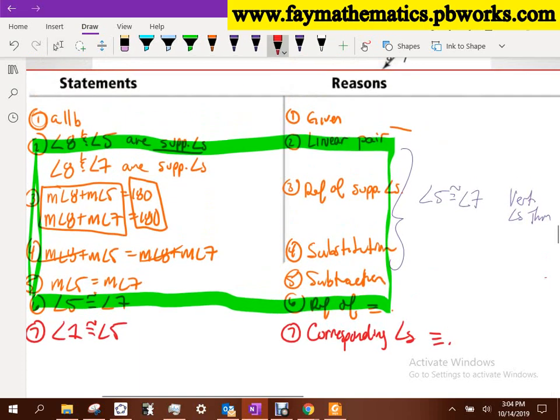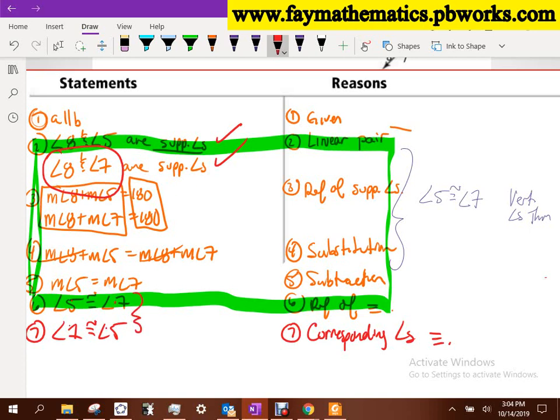So now, let's do this. Because I've already said some things up here that are useful. We remember our overall goal is to get 8 and 1 to be supplementary. Right here it says 8 and 7 are supplementary, right? Is there anything that we know about angle 7? If we look down here, 5 is the same as 7. 1 is the same as 5, right?